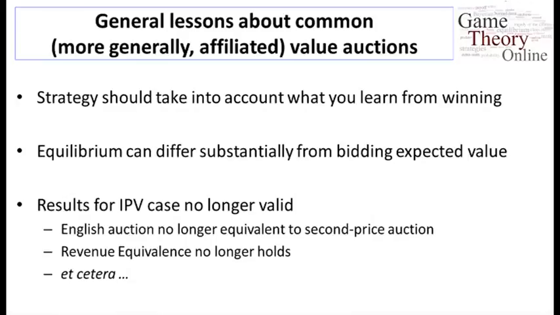And as a result, the equilibrium would be quite different than what the equilibrium would be in the private value setting. And many of the results we've seen for the private value setting no longer hold. The English auction, for example, is no longer equivalent to the second price auction, because in the second price auction, you get no information before you open the bid, whereas in the English auction, you do.